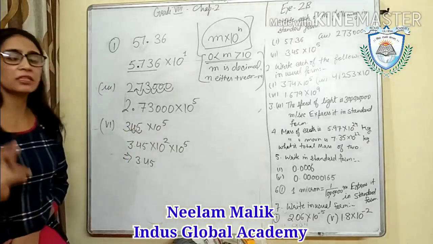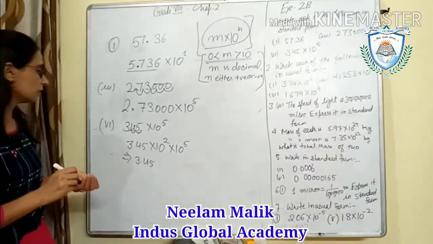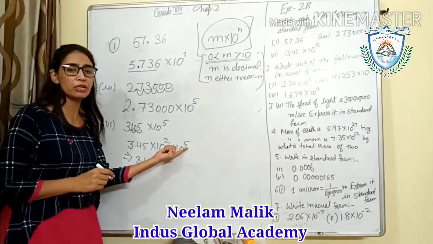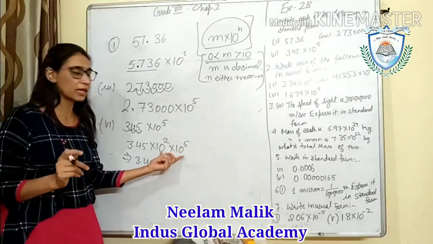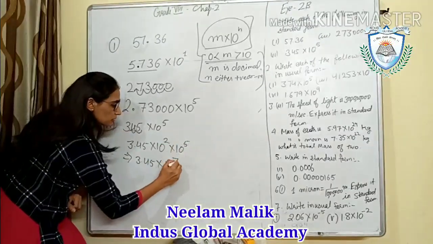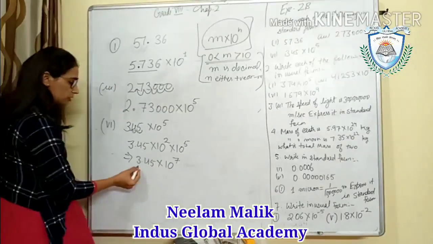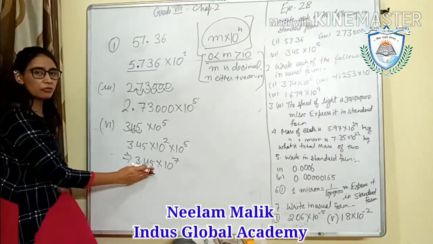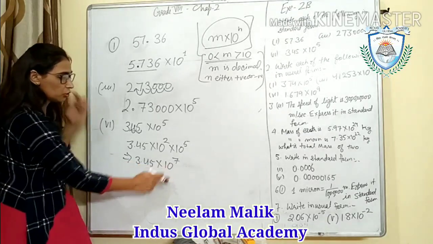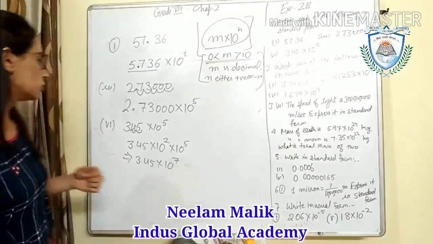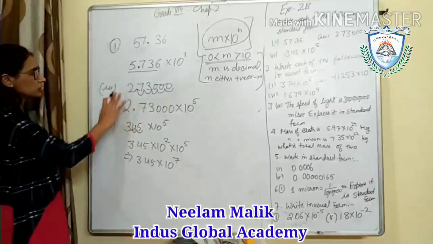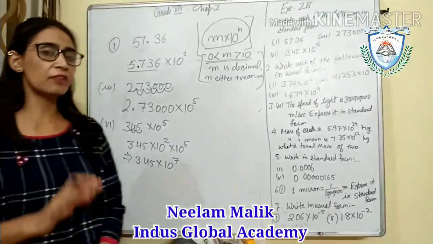In the exponents, in the first exercise, we have done: when the bases are the same and powers are different, the base will be written one time and the powers will be added. So it will be 10 raised to power 7. Now look here, this is a decimal number and its value is between 0 to 10, because this is 3.45 into 10 raised to power 7. So this is our m and this is our n. Okay, 3 parts I have done, 3 are left, you will do them.